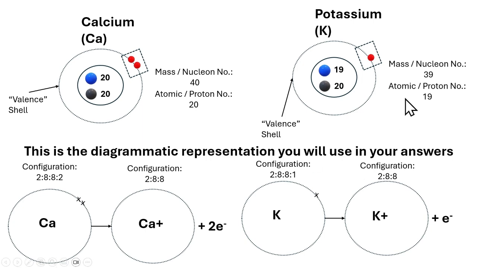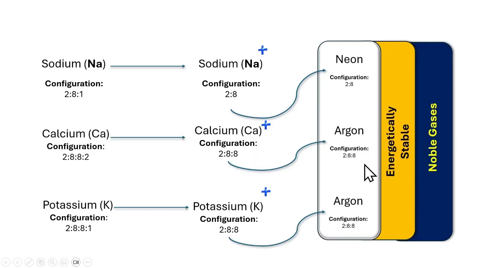You must see the diagrammatic representation. On the other side, I have written potassium. Potassium has atomic number 19, and now they both, after losing the electrons, gain the electronic configuration of argon, the nearest noble gas. So when they gain this configuration, they become energetically stable.